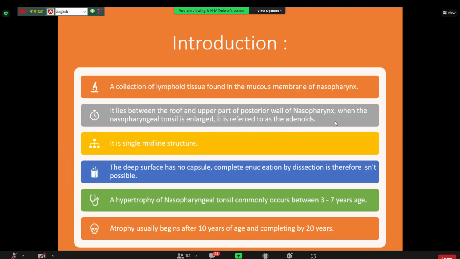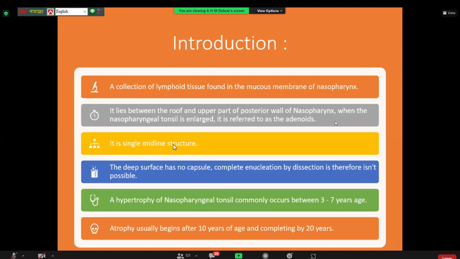It obstructs the nose because it lies just behind the choana of the posterior nares.